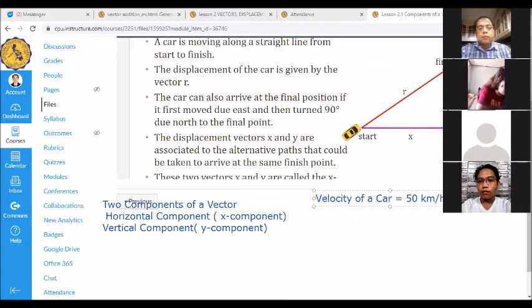And then it is moving at a direction 30 degrees north of east. So similar to what you are seeing now, it has a certain velocity, and its direction is also provided.